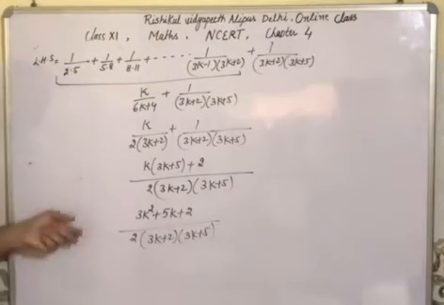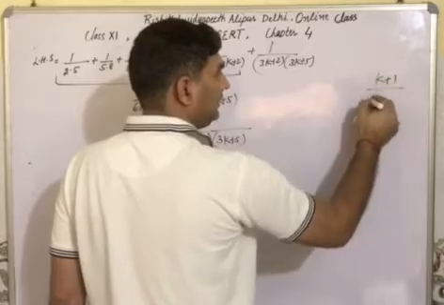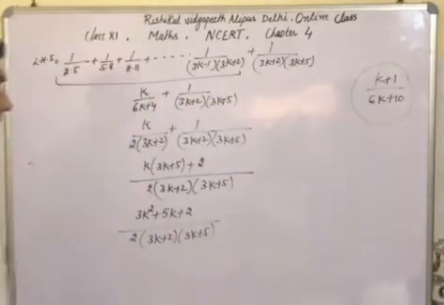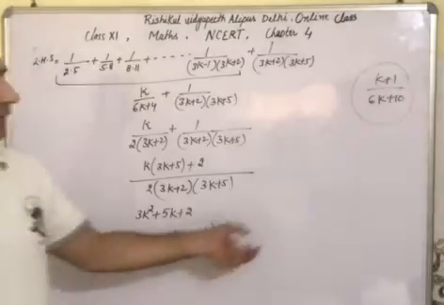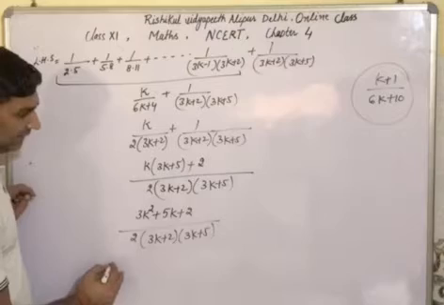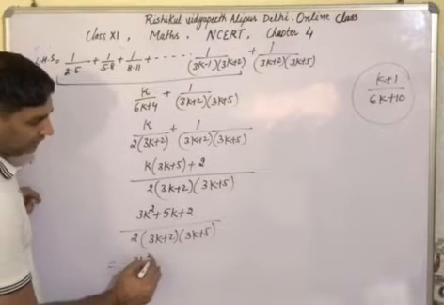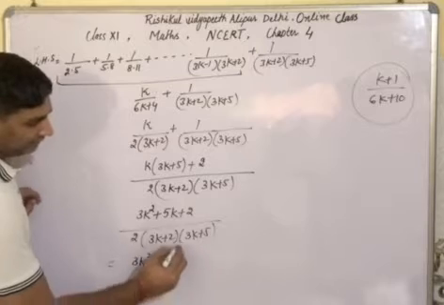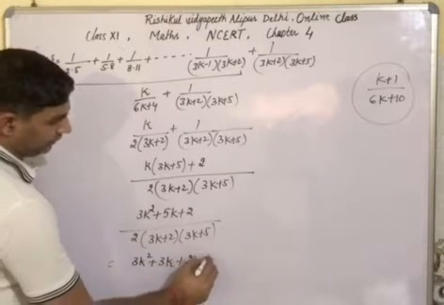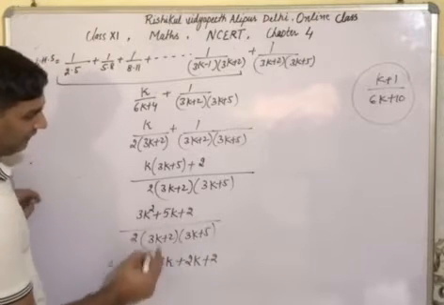We know that the right hand side is k plus 1 over 6k plus 10. We had to prove this. Then we have to bring this term from this term. Then factorize this numerator term, 3k square plus 3k plus 2k plus 2. This 3 into 2 is 6 and 3 plus 2 is 5.